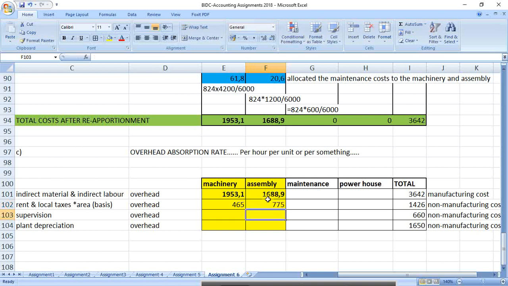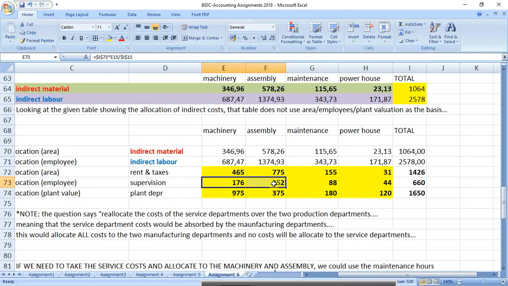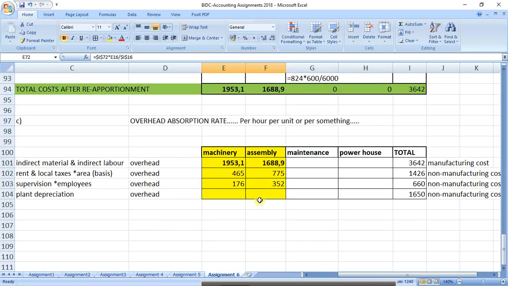775. Right. What did we say was the best way to allocate supervision costs? Number of employees. Exactly. Okay, employees. Okay, we did the working earlier. You've got the table. Don't have to do it again. It's above. 176, 352. Okay, let's just check if those amounts are right. Yeah, 176, 352.